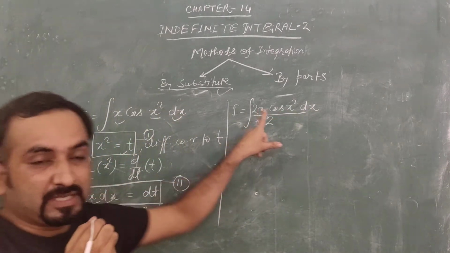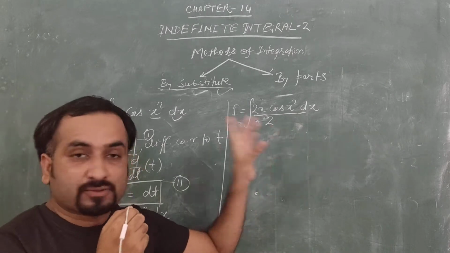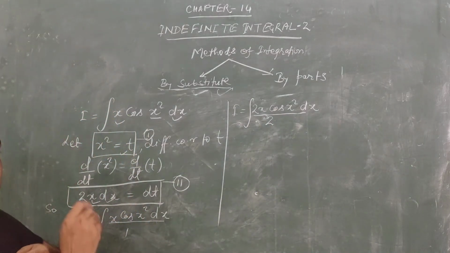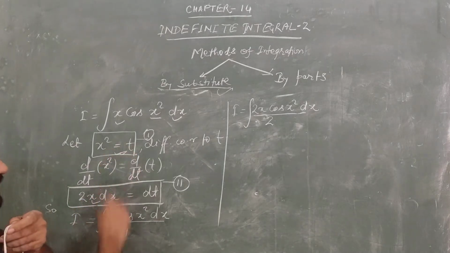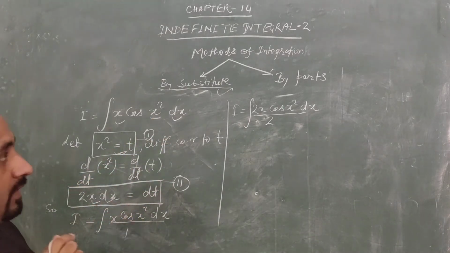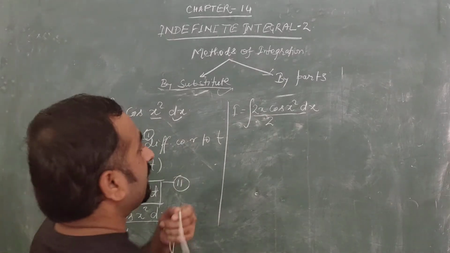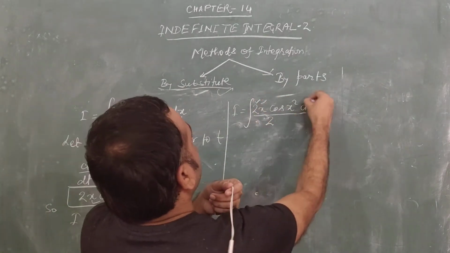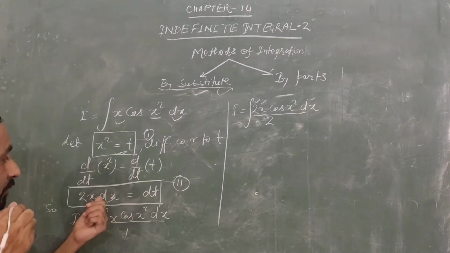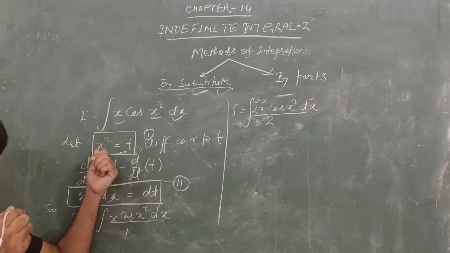Okay, I am multiplying 2 in the numerator and 2 also in the denominator. So students, now check here. Of course we are getting x square is equal to t. We will put it here, and next is 2x dx. Of course we have a 2x dx now. This is 2x and it is dx. So we can substitute dt at the place of 2x dx and t at the place of x square.